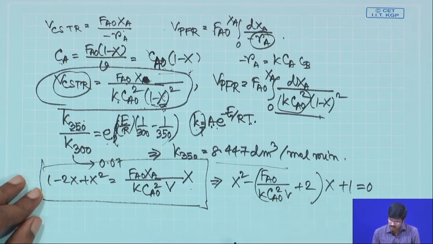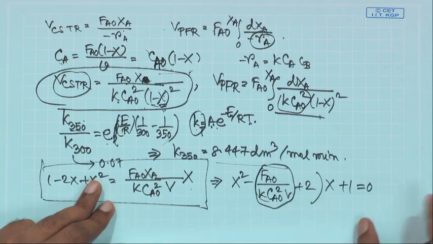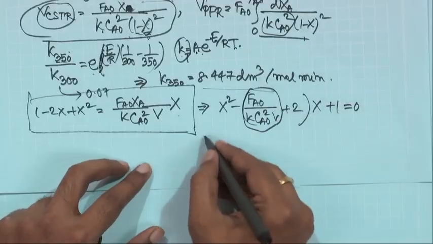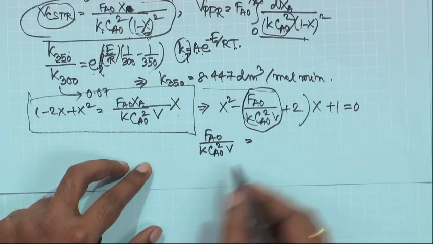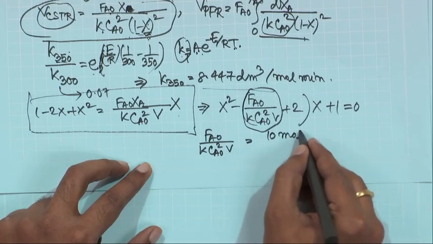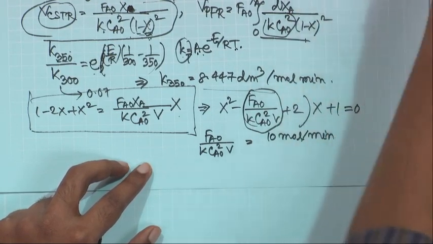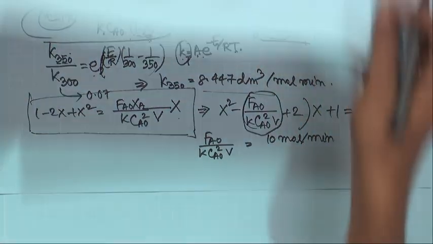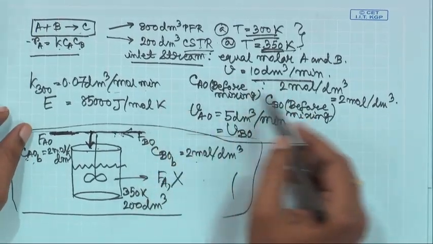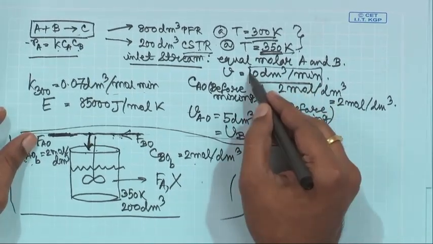So, this you can easily solve. Remember, this value is also known. What is this value? This value is nothing but Fa0 divided by k Ca0 square into v. Fa0 is 10 moles per minute. Already it was defined in the problem that the inlet stream, the total volumetric flow rate in, is 10 decimeter cube per minute.